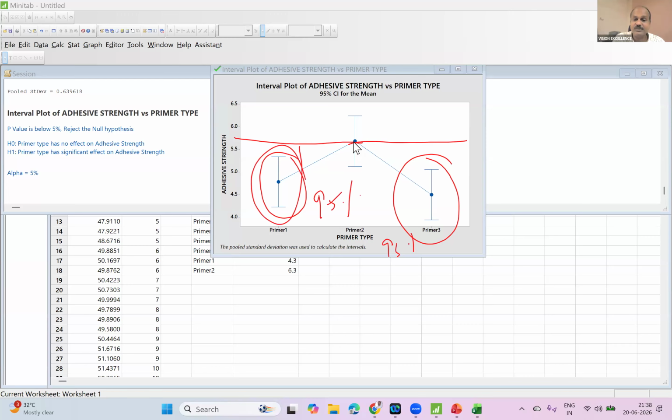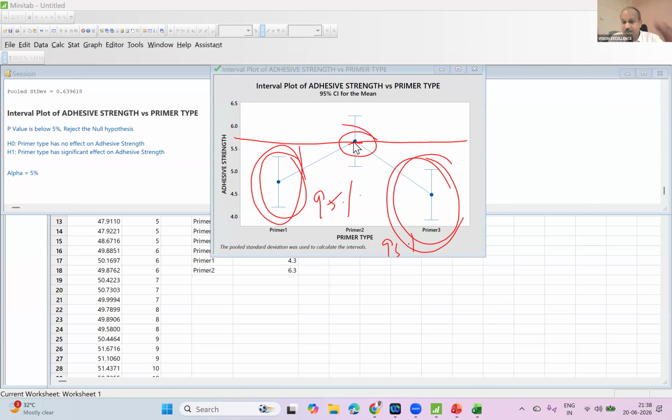Are you seeing the full interval of 1 and 3? Yes. The 95% interval of 1 and 3 is considered, but still the average of primer 2 is on the upper side. So definitely 95% of the time, your primer 2 is going to win over primer 1 and 3.